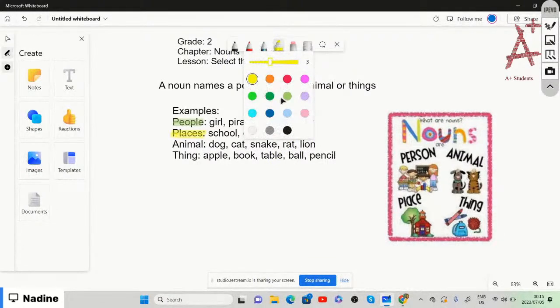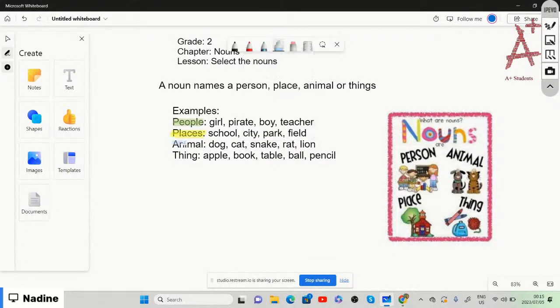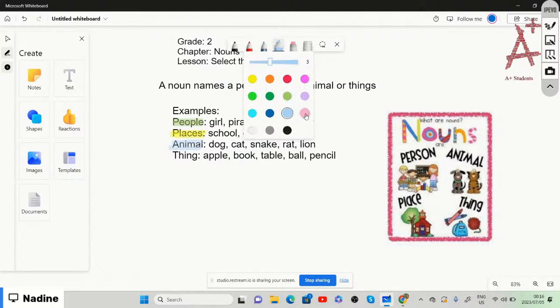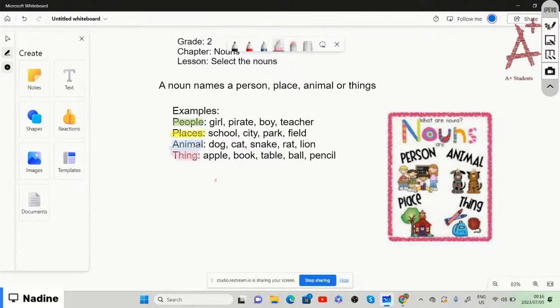Then we also have animals, right? We identify animals. Then we can maybe say it is a dog, it is a cat, a snake is also an animal that you can identify. A rat is an animal that you can identify. A lion can also be an animal that you identify. And then we have things that we can also identify, because remember, nouns are also things. For example, an apple, it's a thing.